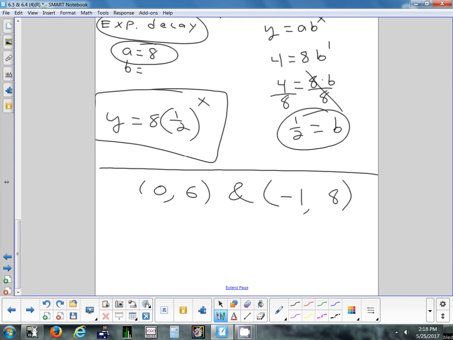If you had a picture, you could figure out if it was growth or decay. Don't worry about that part. What's the next letter you can figure out? Yeah, very good. You can figure out A. What's A in this case? 6. Perfect. A is the number that's with the 0. Okay, I got A. What else do I need? B, what's the formula that I use for that?